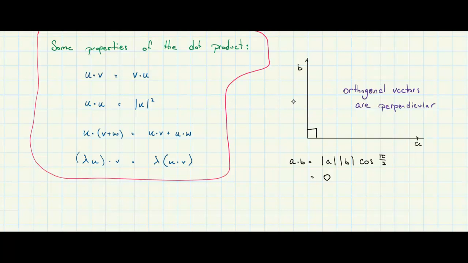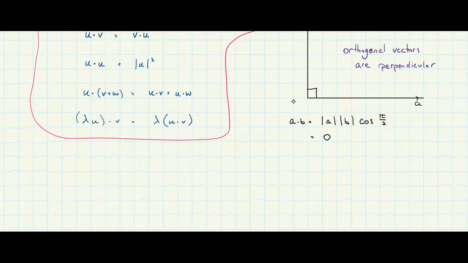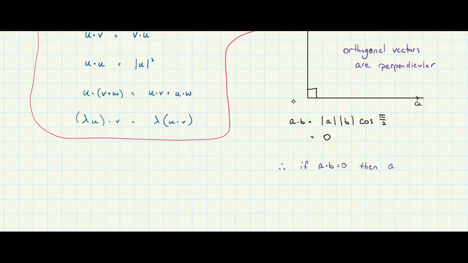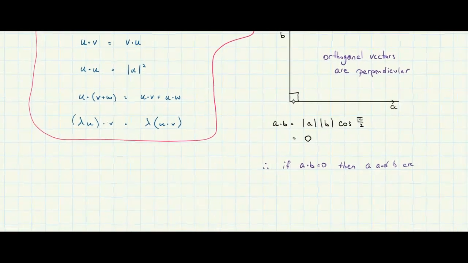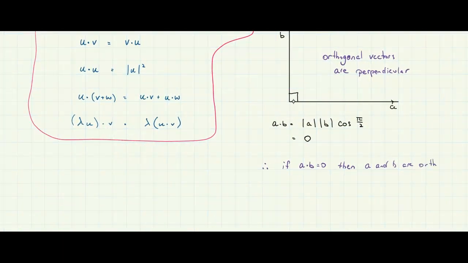And if the dot product equals 0, if a dot b equals 0, then a and b are orthogonal. All right, let's do one or two more examples, and then we'll move into the exercises.